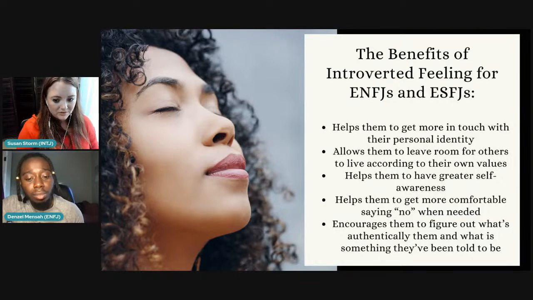But when they integrate introverted feeling, they are okay with letting other people be themselves, even if it does create some tension. They have greater self-awareness. They're more comfortable saying no when it's needed, and they're more able to figure out who they are authentically, rather than who they've been told to be or who they try to be to make everyone else happy.